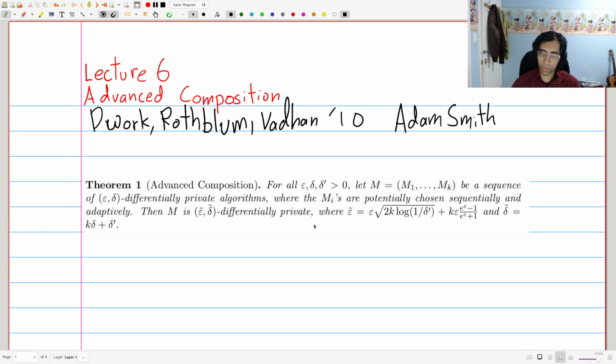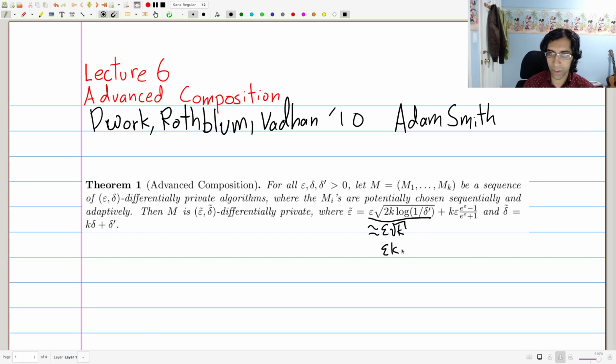All right, let's try to read this and comment on this. First of all, one thing I'll highlight is that the leading term is going to be this one here. If you squint at it, this is roughly epsilon times square root k. It's very crude, but the point is that in comparison, with basic composition we would have epsilon times k.